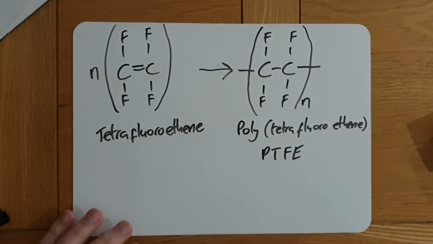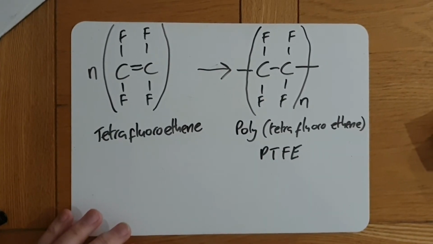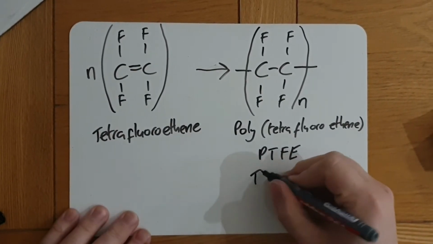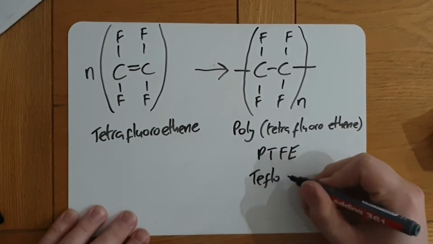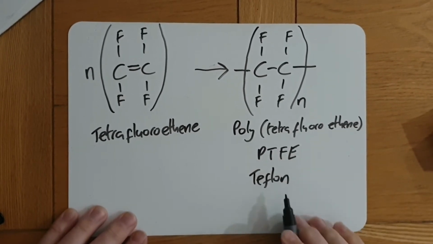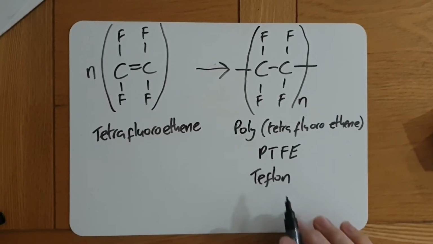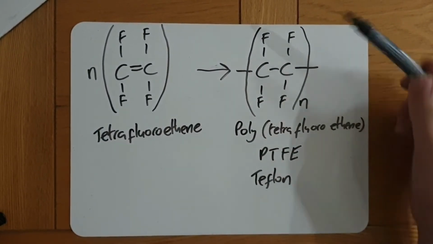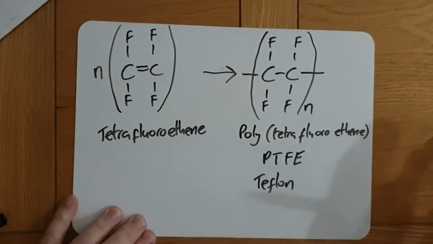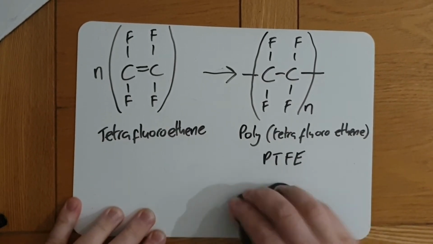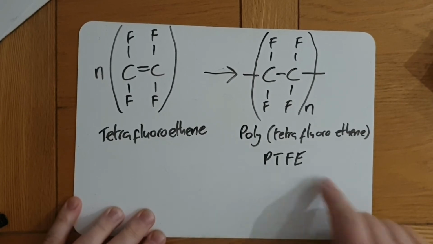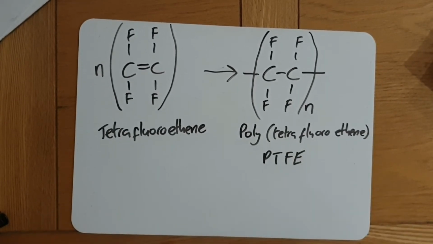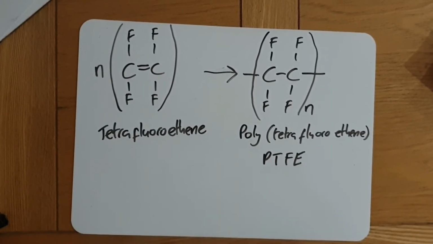It is known internationally as Teflon. Teflon, those non-stick pans, non-stick saucepans, things like that. And we'll talk about the uses in a second. This is called polytetrafluoroethene. It's known as Teflon. In an exam though, don't call it Teflon, call it PTFE or polytetrafluoroethene. So it's non-stick.